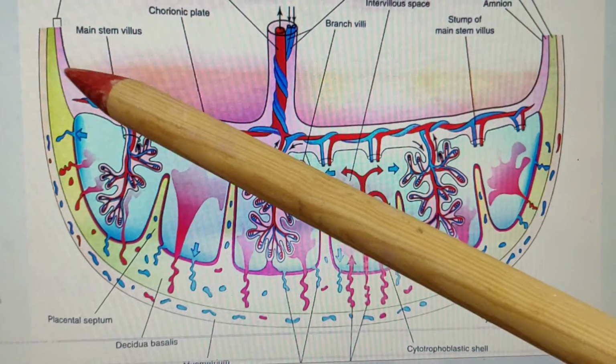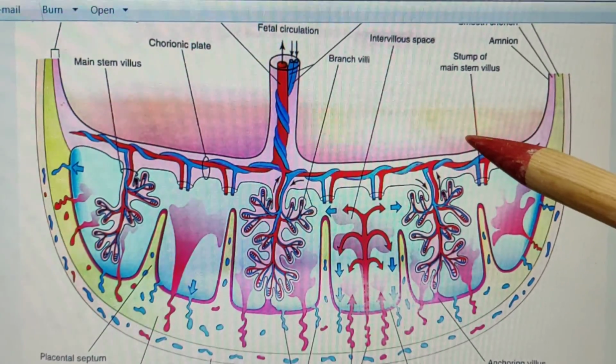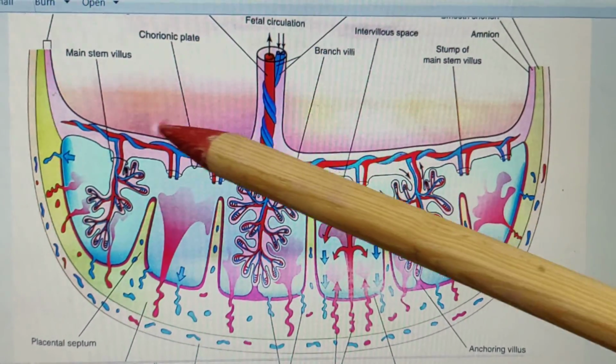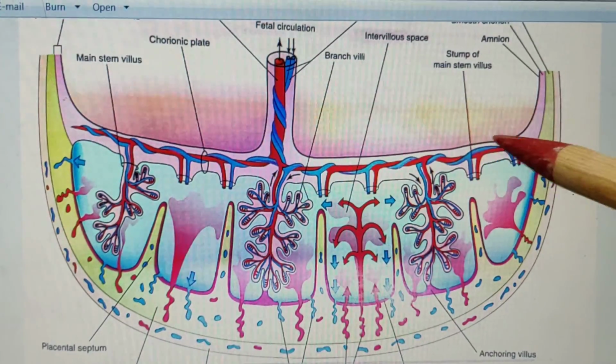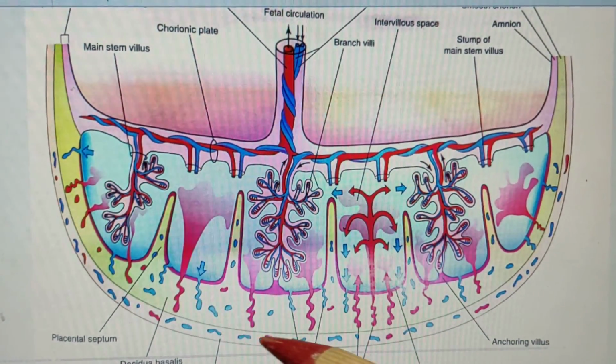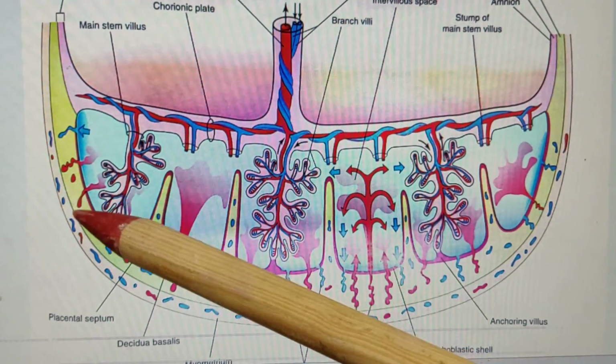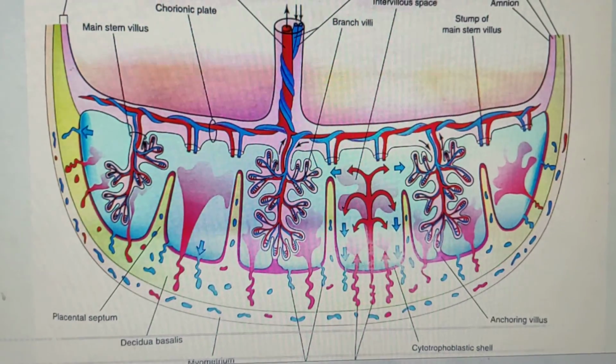As the fetal plate is formed by the chorion, it is known as the chorionic plate. While the maternal side of the plate is formed by the decidua basalis, it is known as the basal plate.